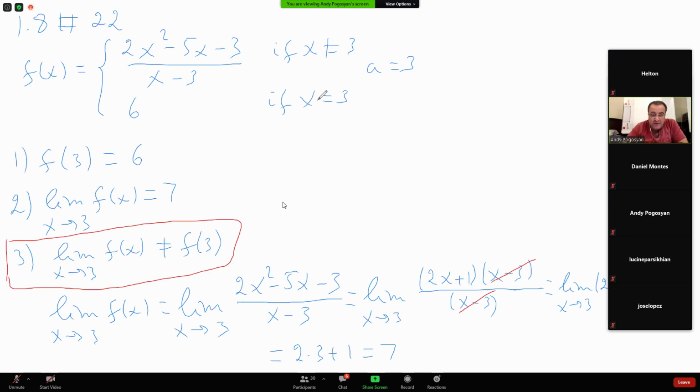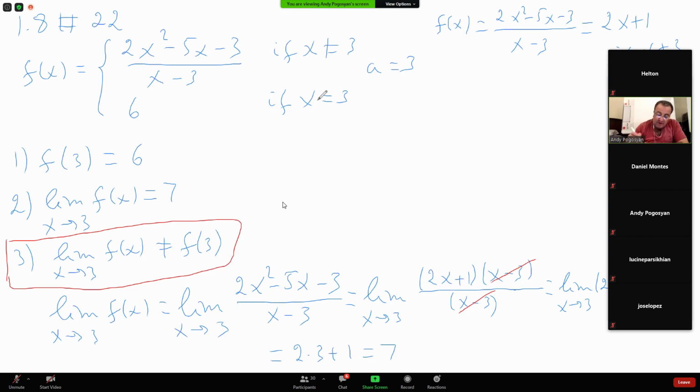Now let's graph it. First of all, notice that f of x equals 2x squared minus 5x minus 3 over x minus 3. We'll just simplify it. It equals 2x plus 1 if x is not equal to 3.